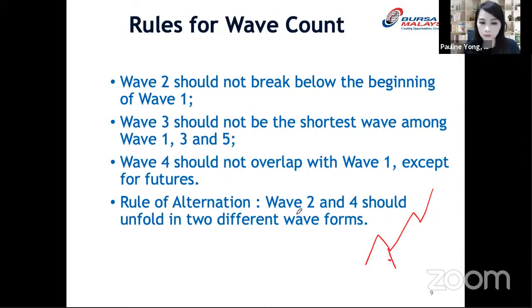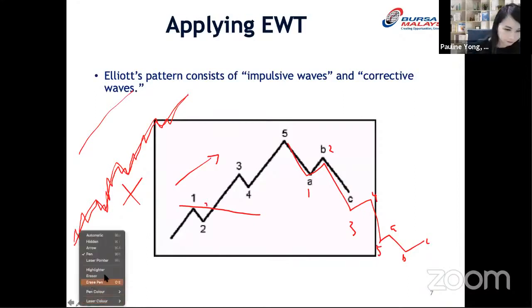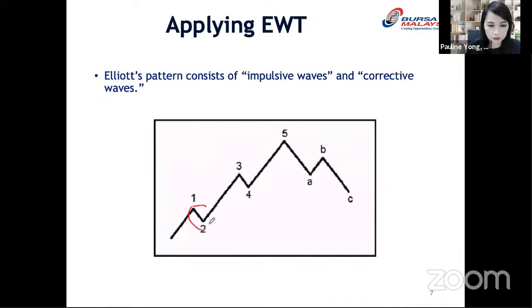So the rule of alternation says wave 2 and wave 4 should not unfold in two different waveforms. Okay, let me erase this. So we are looking at this retracement, wave 2, and then wave 4, this retracement, whereby when you have these two retracements, the pattern cannot be the same.